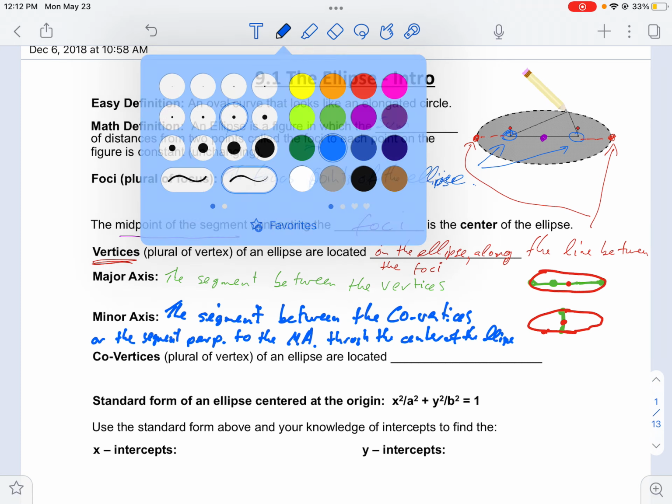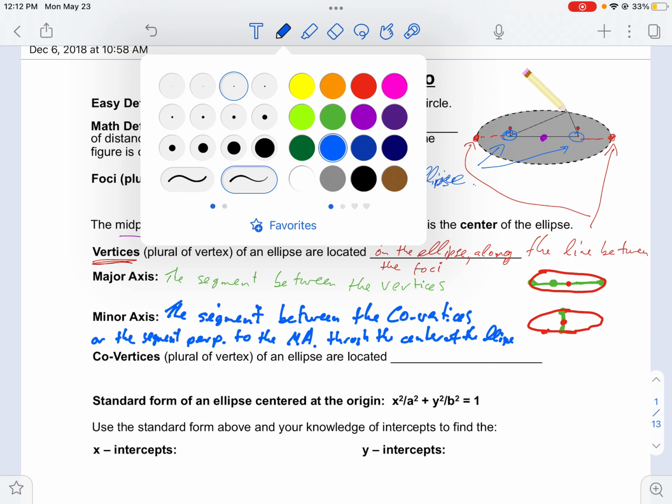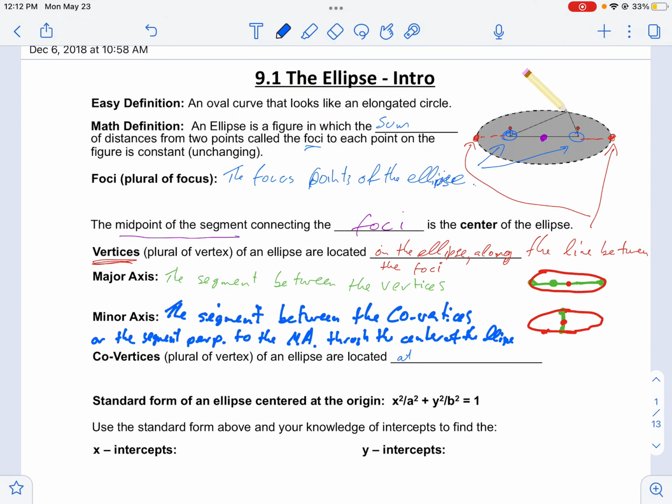The co-vertices are located at the endpoints of the minor axis, which are right here, this guy and this guy.